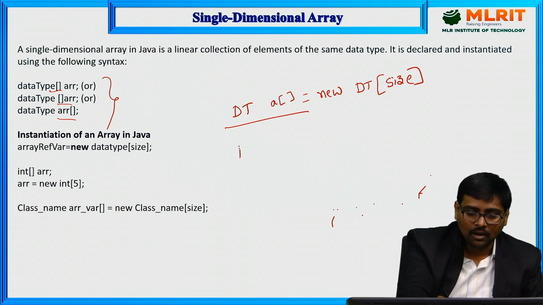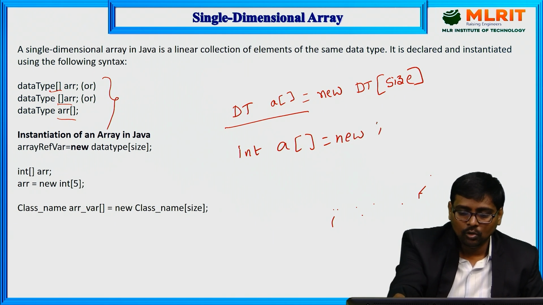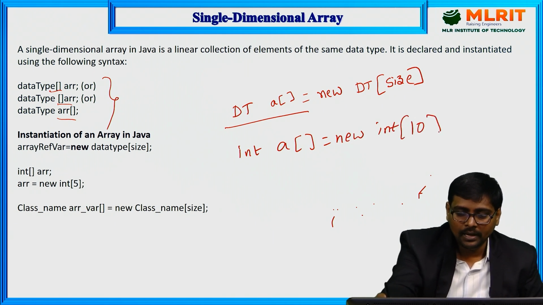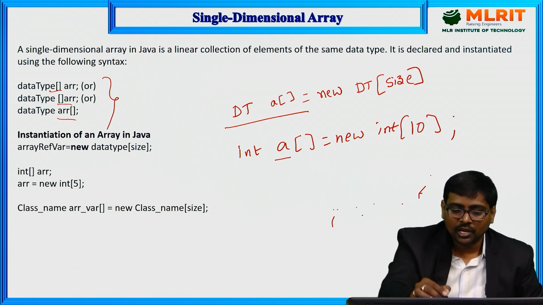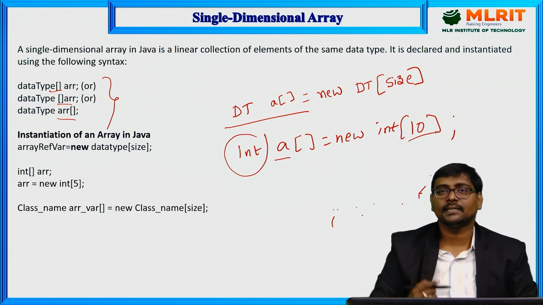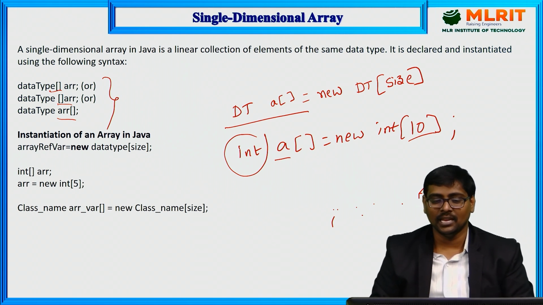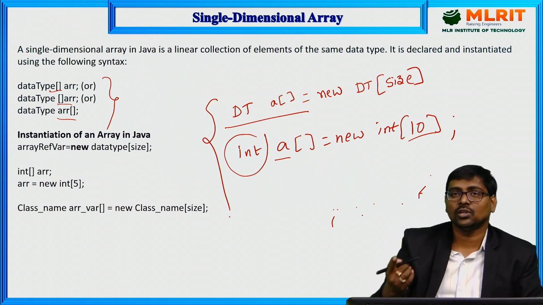For example, int a[] = new int[10] means you are creating an array a which can hold integer elements, a maximum of 10 integer elements. This is the syntax for creating a one-dimensional array.